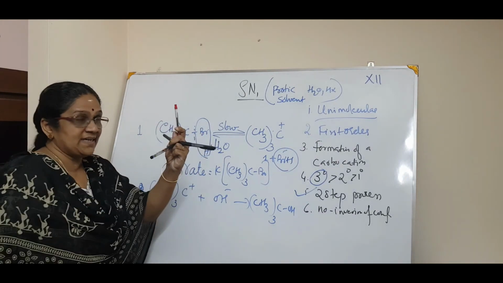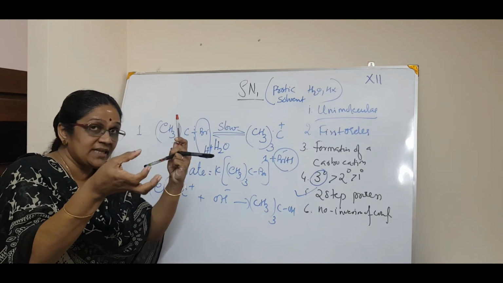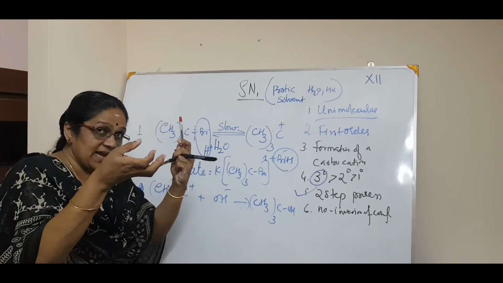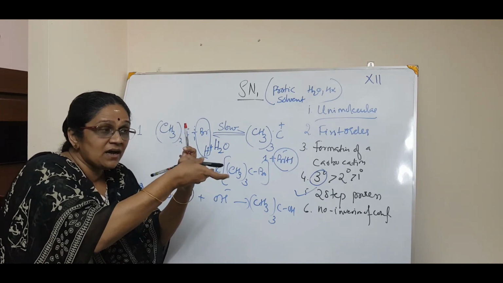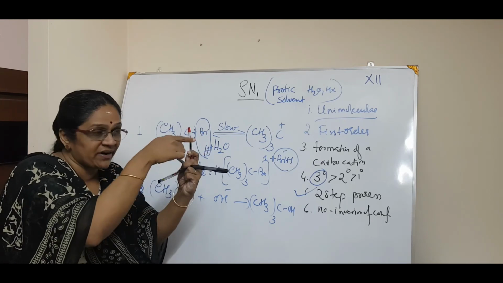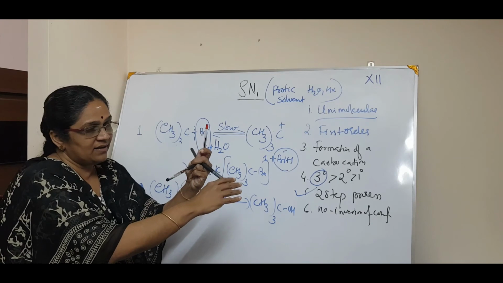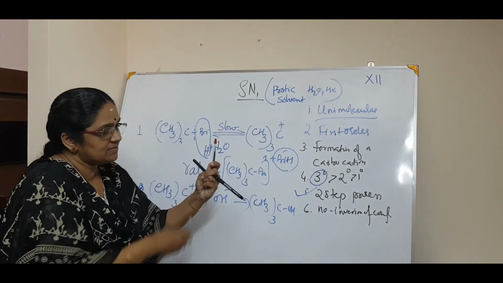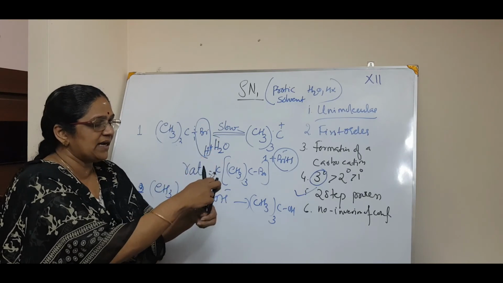Now listen. From the protic solvent, the H is coming and attacking the Br, so this is a tetrahedral shape, right? It is sp3, isn't it? It should be somewhat like this, but for easiness I am drawing it like this, okay? I know you know that.